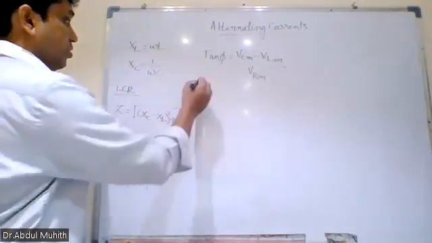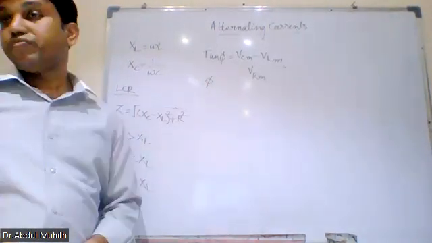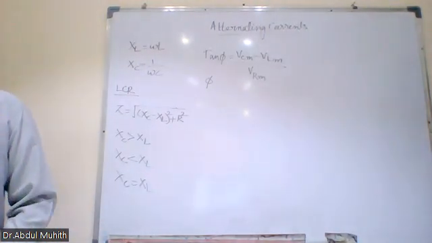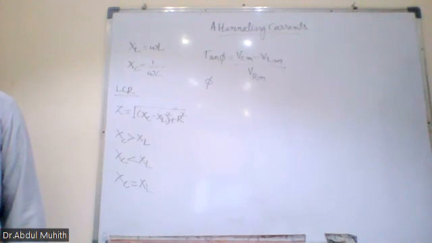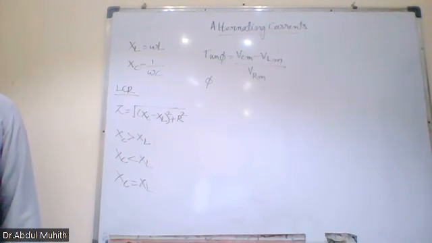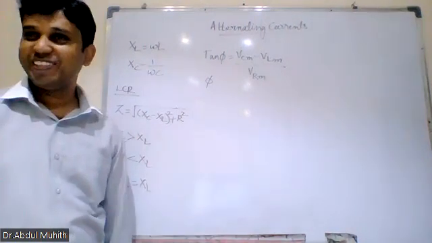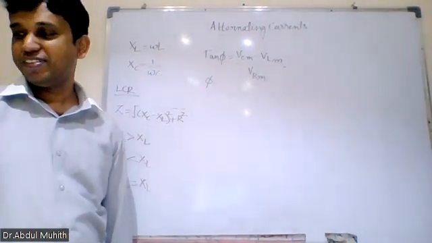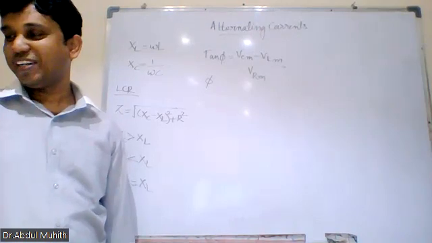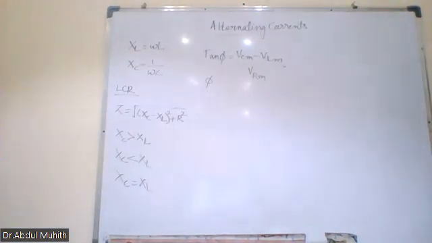Phi is the phase angle between the applied voltage and the resultant voltage.